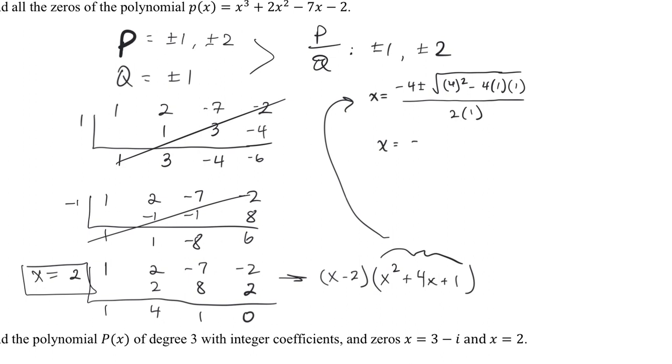So then x equals -4 plus or minus the square root of 16 minus 4, it's 12. The square root of 12 is 2 root 3.